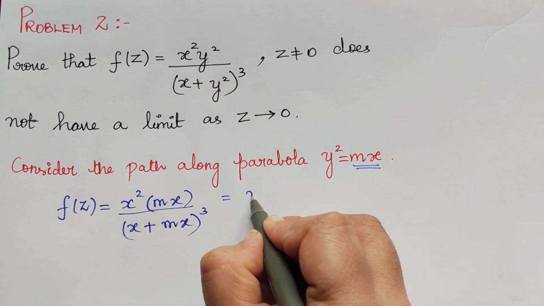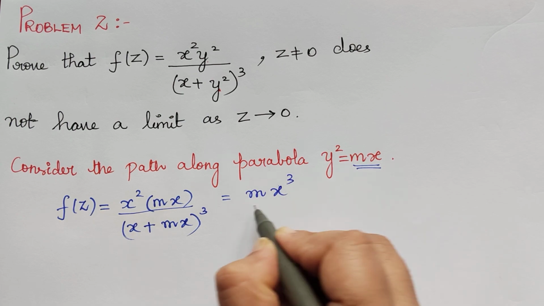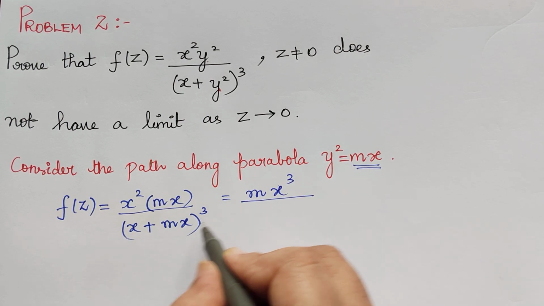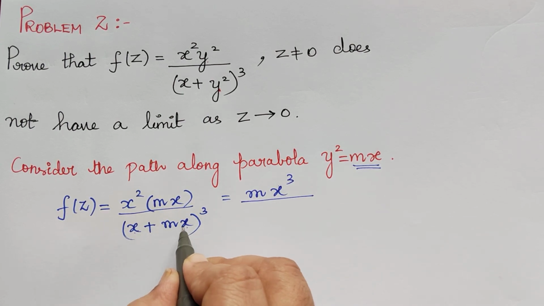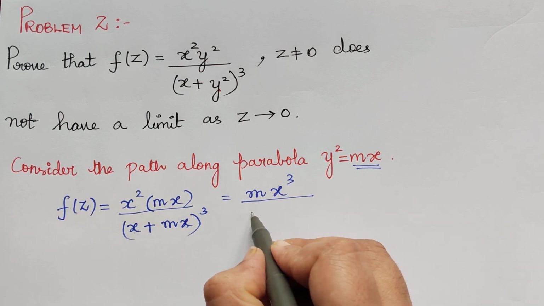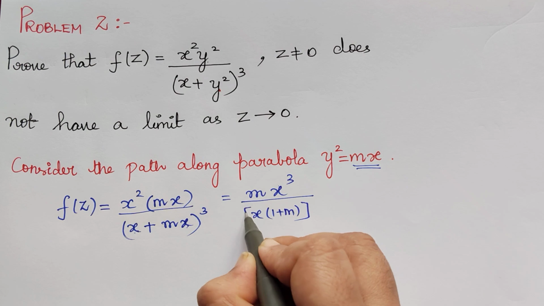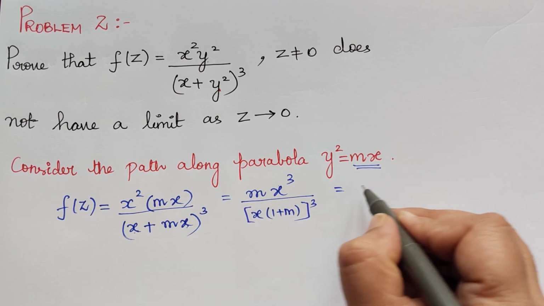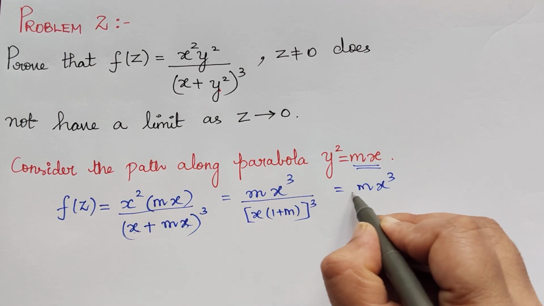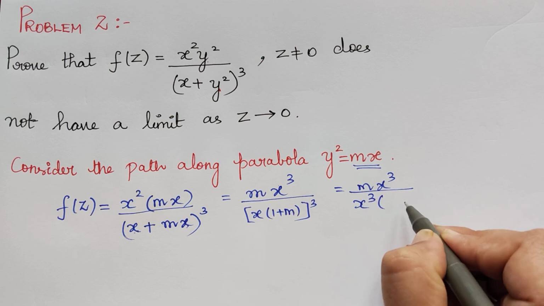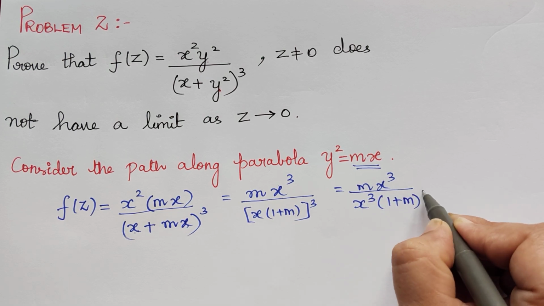So the numerator turns out to be m x cube divided by, here we can see that x is common in both the terms, and so we will be having x multiplied with (1 plus m) the whole cube, and this can be further written as m x cube divided by x cube multiplied with (1 plus m) the whole cube.